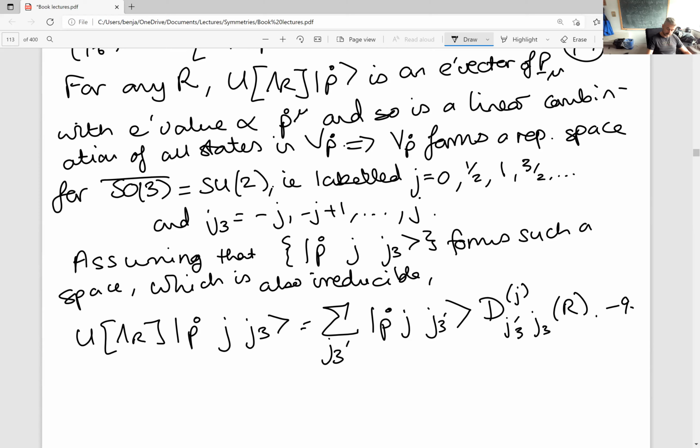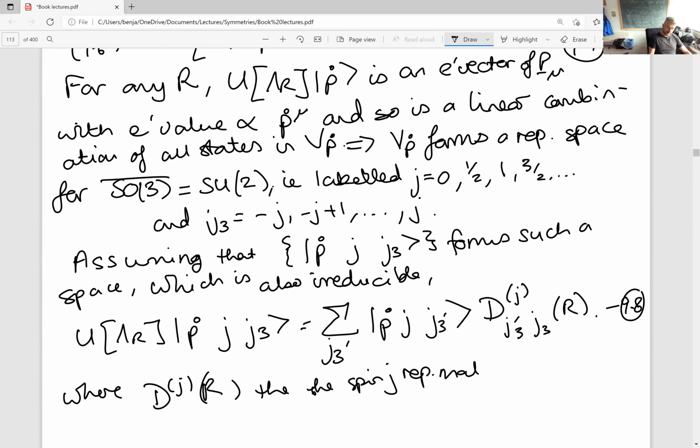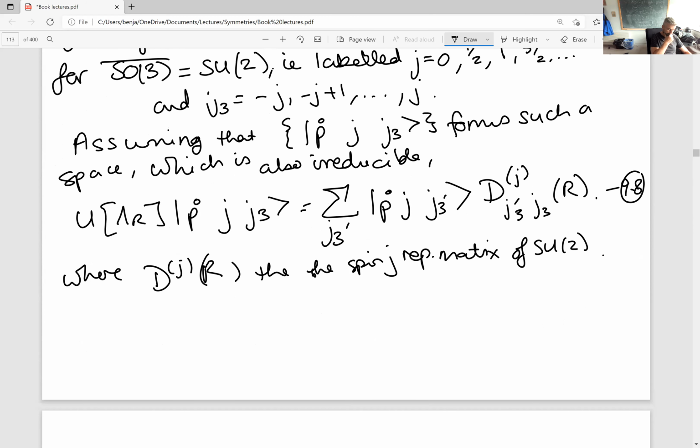So that's 9.8, where D^J of R is the spin J representation matrix of SU(2). Okay, good.